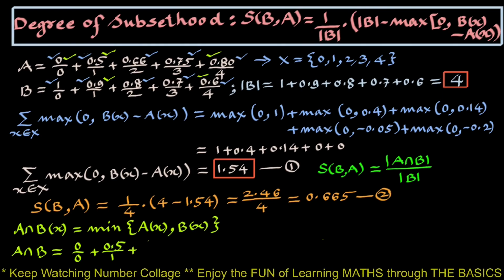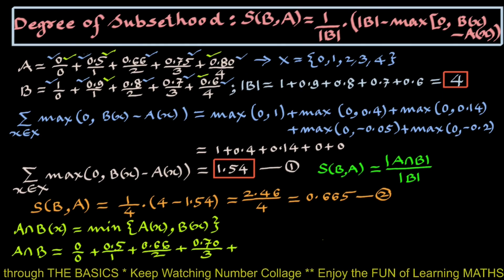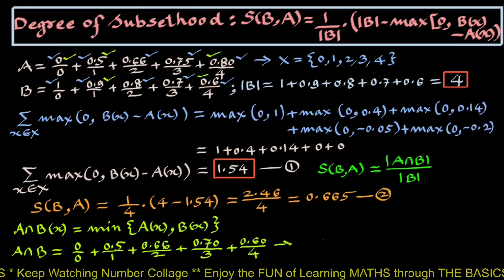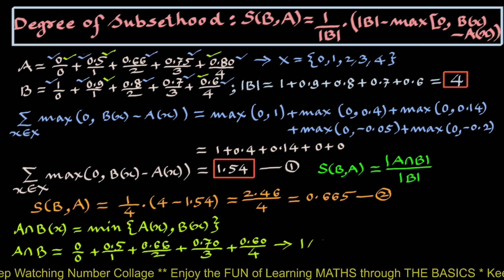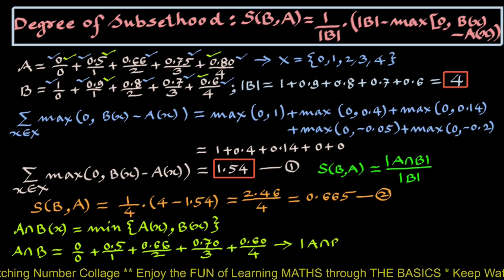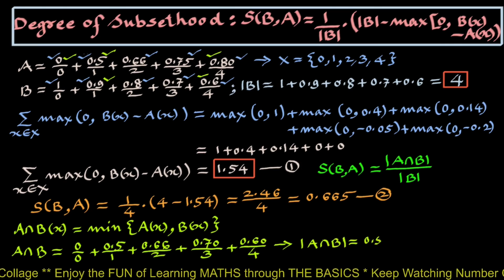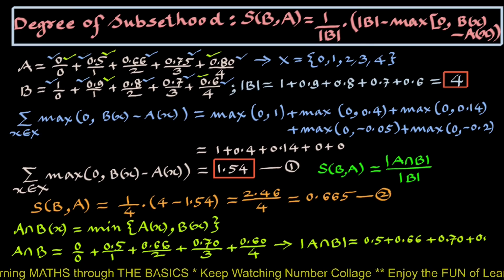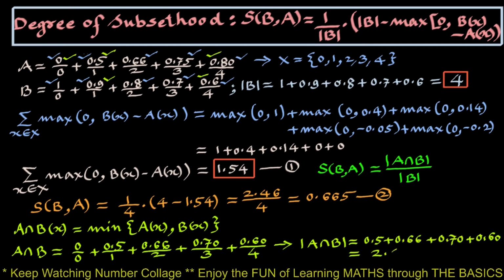plus etc. plus minimum of 0.8 and 0.6, 0.6 upon 4. From this we write scalar cardinality of A intersection B, which is 0.5 plus 0.66 plus 0.6, which is 2.46.